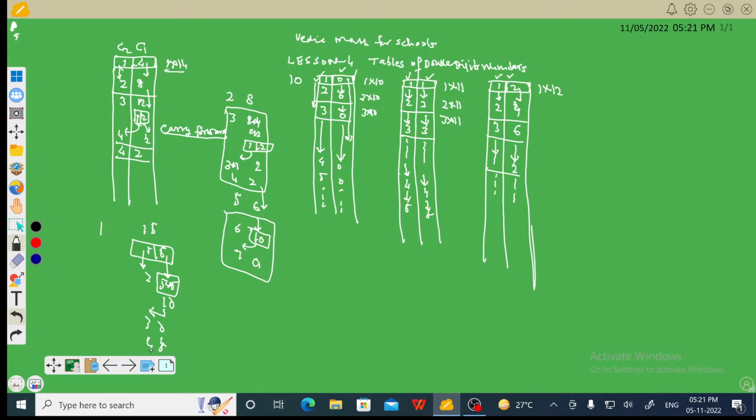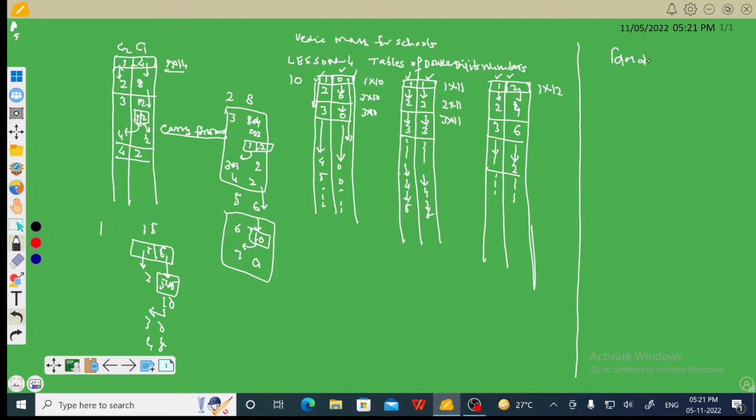Now let us learn the unique technique of Vedic mathematics of reducing the bigger digit numerals into smaller digits. It is called vinculum.